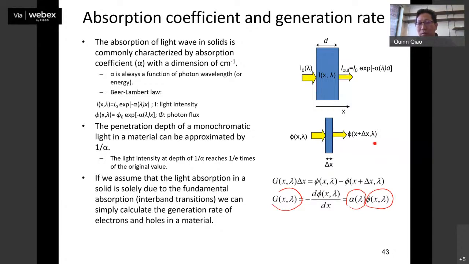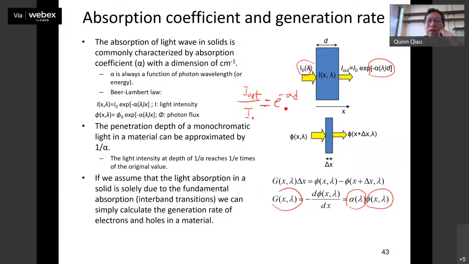Look at this. You can measure how much light intensity comes in at the beginning and how much light intensity goes out. The outgoing intensity depends on the absorption, so I_out over I_0 equals exponential of minus alpha D. You can measure this left side pretty easily.